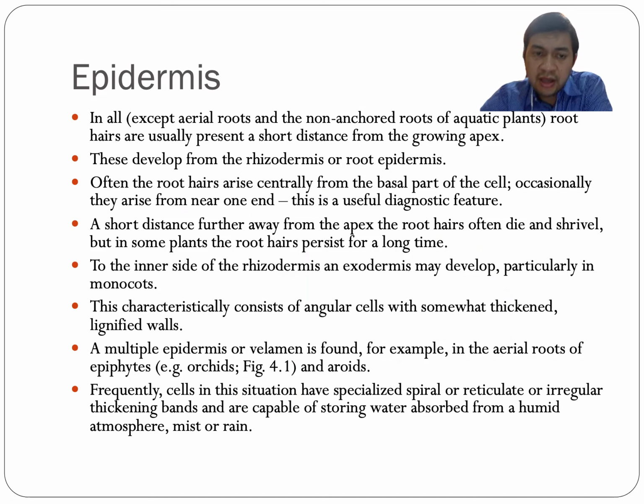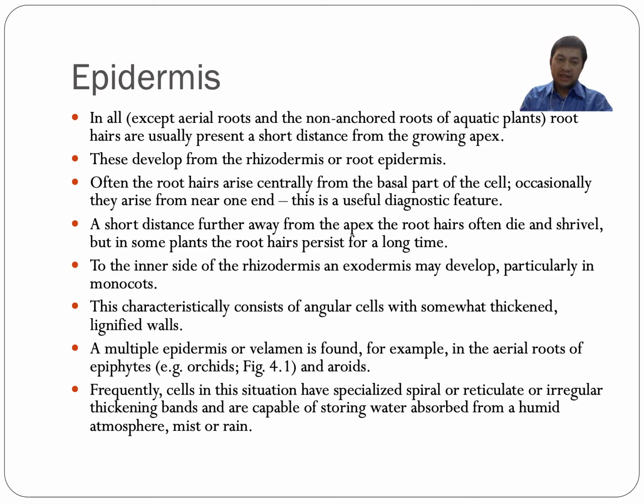These develop from the rhizodermis or root epidermis, and often the root hairs arise centrally from the basal part of the cell, and occasionally they arise from near one end, and because of this feature it is useful for diagnosis. For a short distance further away from the apex, the root hairs often die and shrivel, but in some plants the root hairs persist for a long time.